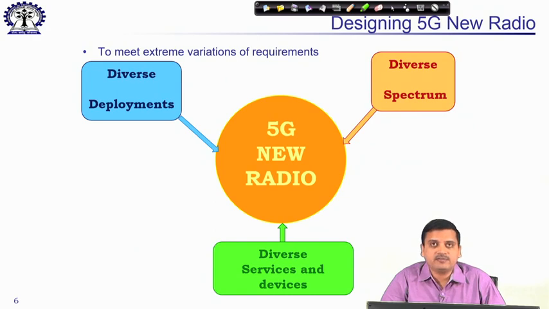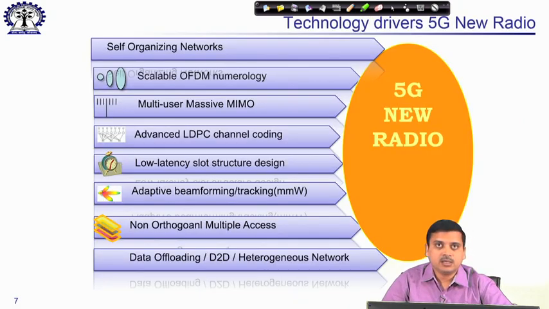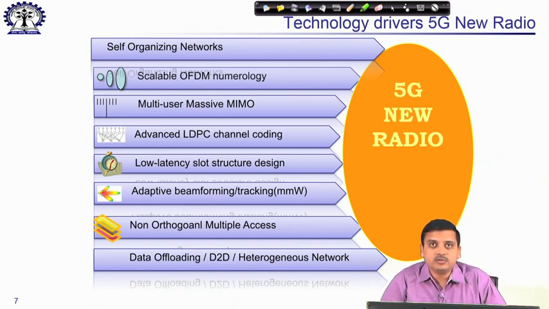So, the design of 5G new radio is supposed to support diverse deployment scenarios, access diverse spectrum, as well as support various kinds of devices, from low end IoT devices to very high data rate services for entertainment and other facilities. In this course, we intend to cover the various solutions which have been generated and which are supposed to be the engine for the 5G air interface.